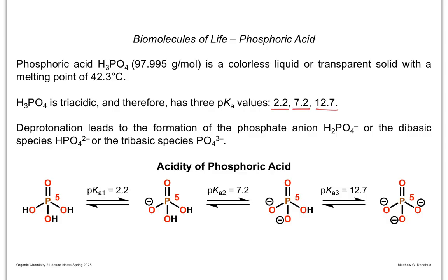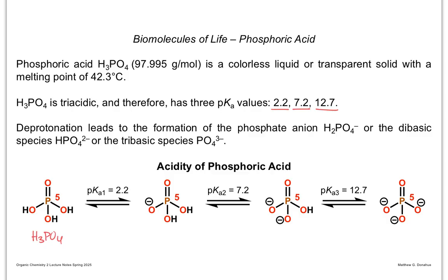So if we analyze this from left to right, there's phosphoric acid. We're under acidic conditions. If we're titrating in base, after we hit 2.2 and then we're increasing the pH, we're going to do a monodeprotonation. So we end up with a single negative charge there. Now look at the next span.